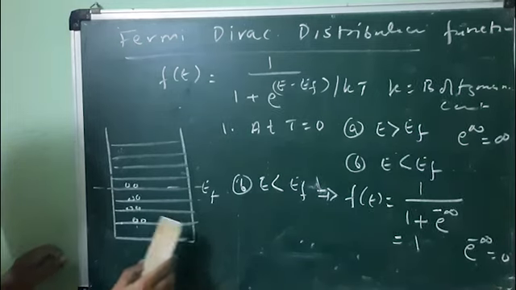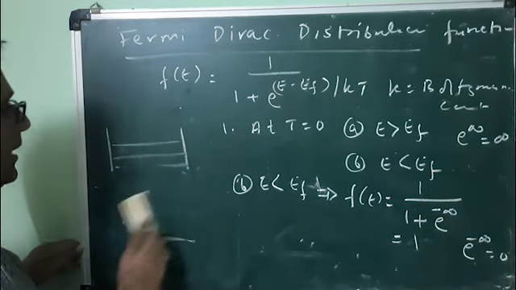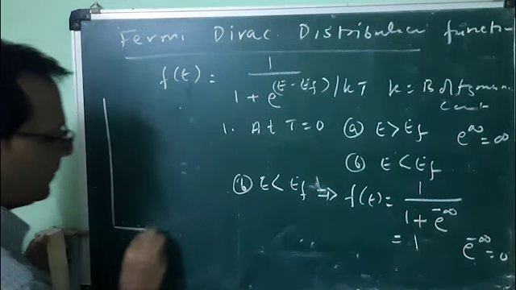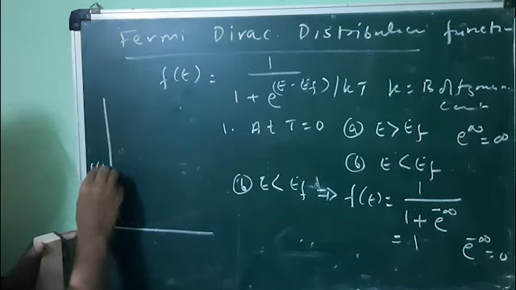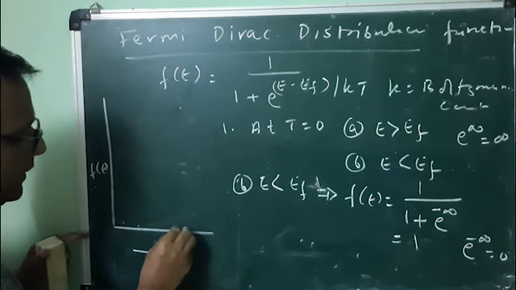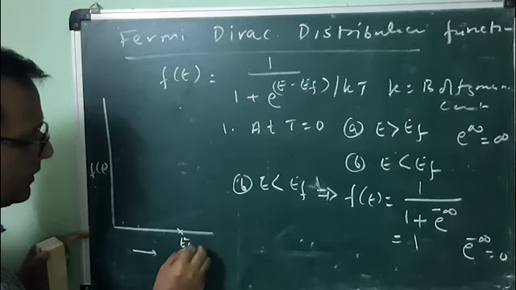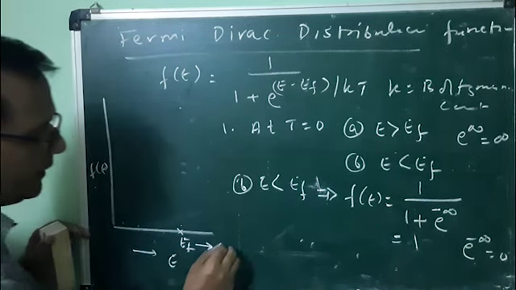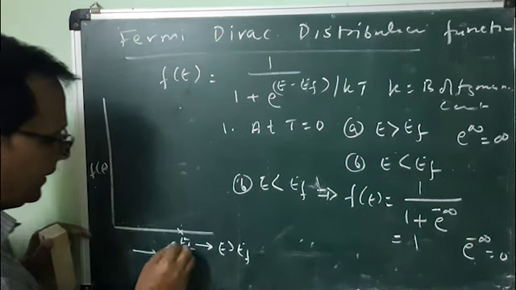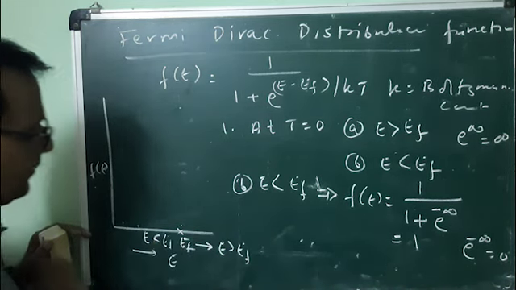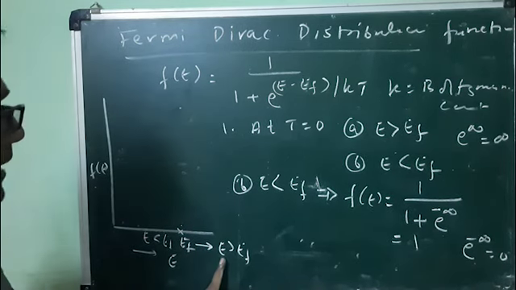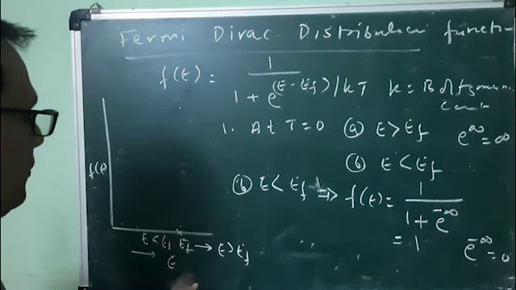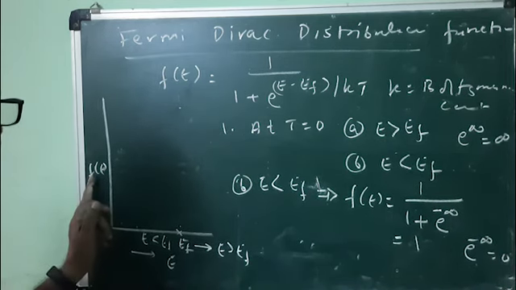In terms of a plot, we have this type of plot. In the presentation I have shown that this is F(E) and this is the energy axis, and the Fermi energy level EF is mentioned here. When E is greater than EF, the Fermi function was 0, and when E is less than EF, the Fermi function was 1.